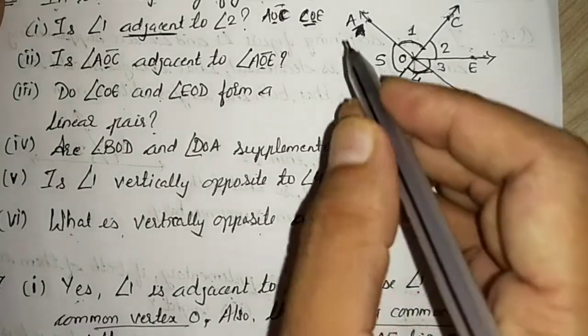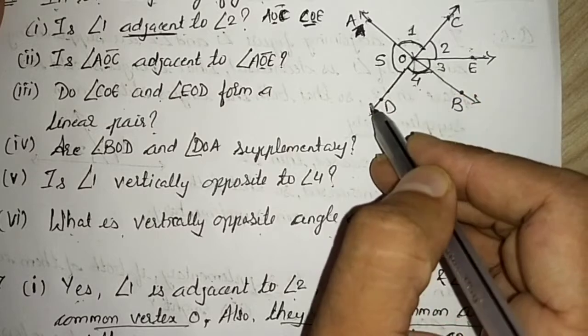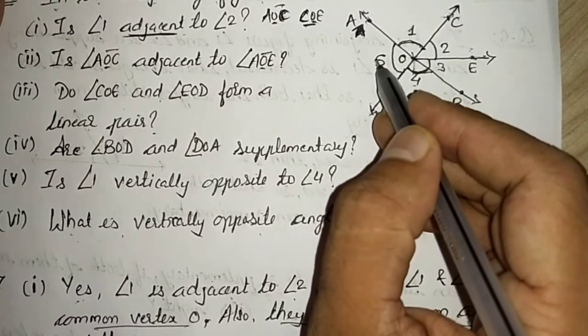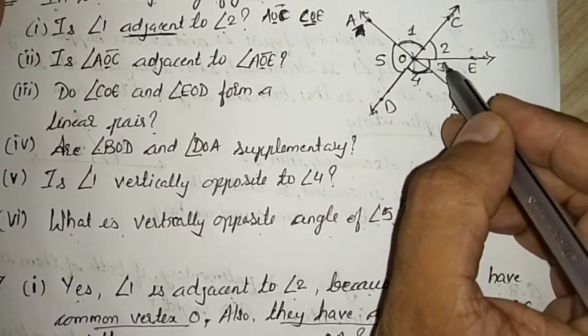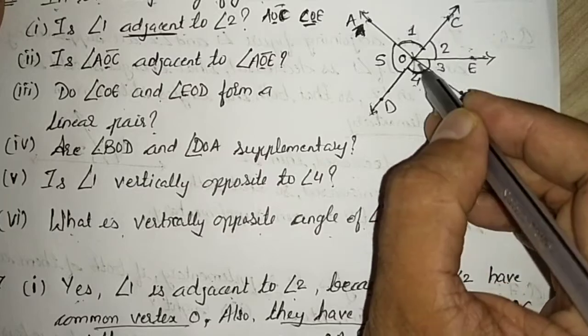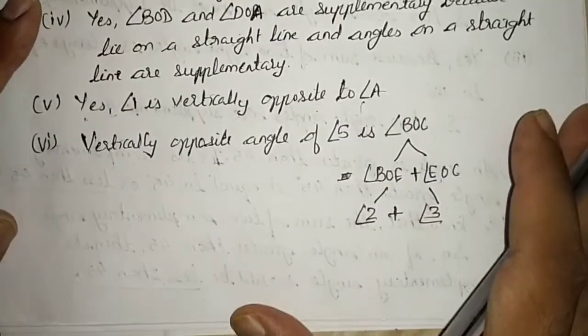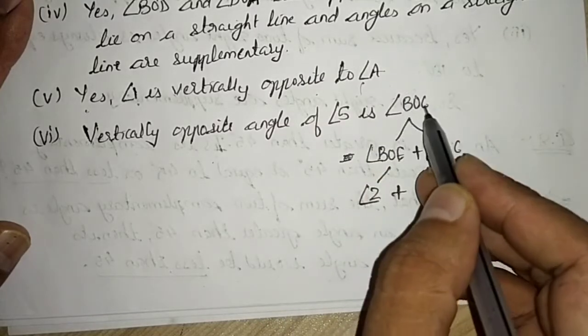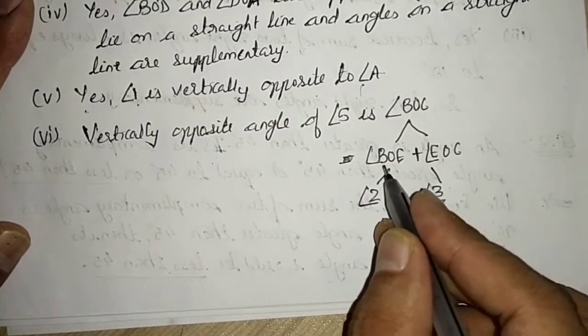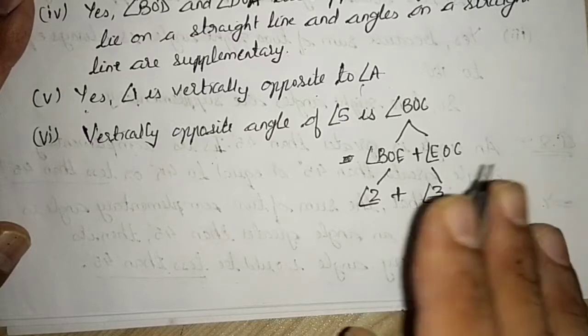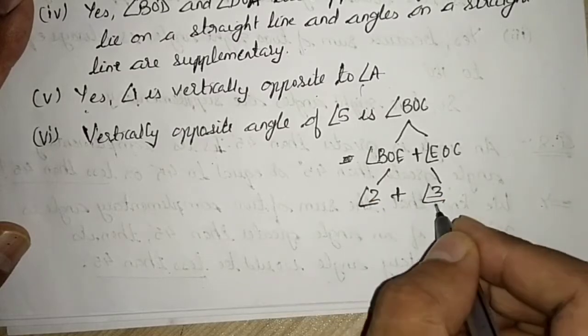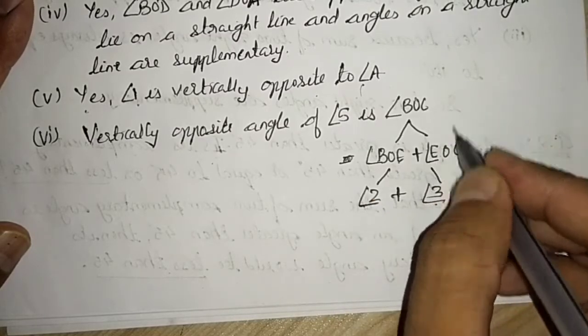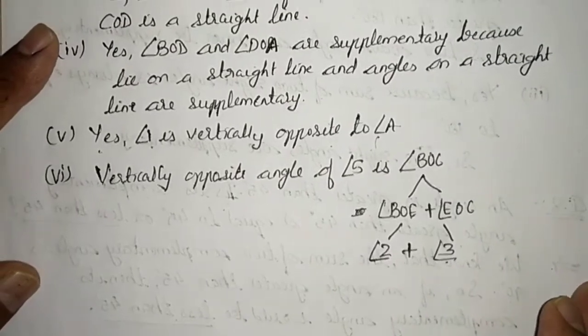So we can say that the vertically opposite angle of angle 5 is angle 2 plus angle 3. That means BOC. You can write angle BOC, or BOE plus EOC, or angle 2 plus angle 3. Any of these three you can write as the answer.